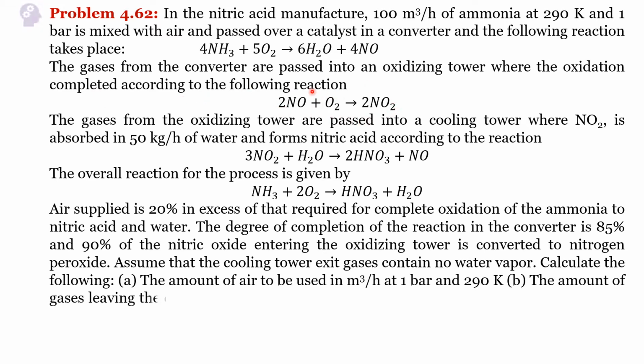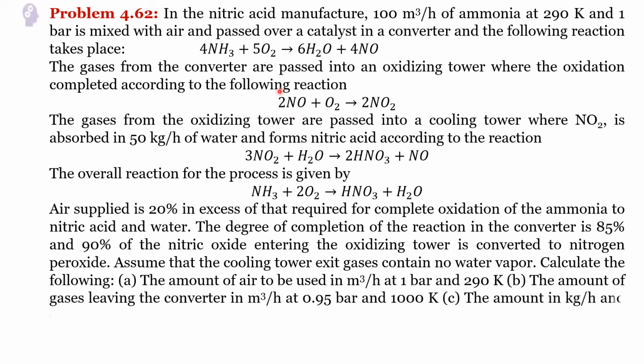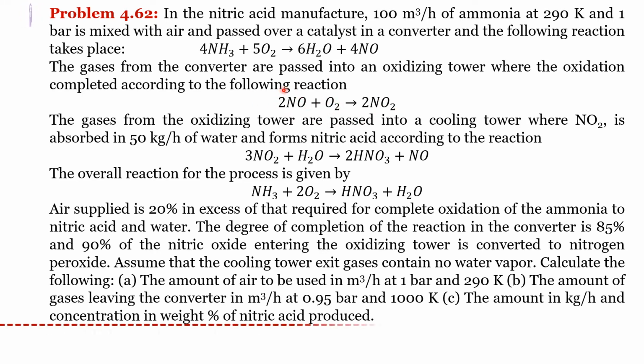So again the reaction is given for the oxidizing tower, and further the gases that come out of this oxidizing tower are passed into a cooling tower, and in the cooling tower there is an absorption of NO2. So NO2 is absorbed in 50 kg per hour of water and forms nitric acid according to the reaction, and the overall reaction for the process is also given.